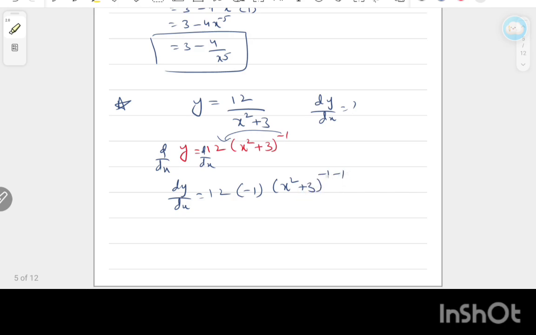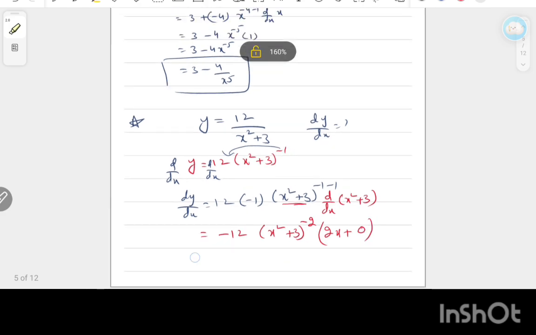After the power, we take the derivative of the term without the power, x squared plus 3. So it is minus 12 (x squared plus 3) to the power minus 2, and its derivative is 2x, and the derivative of 3 is 0.